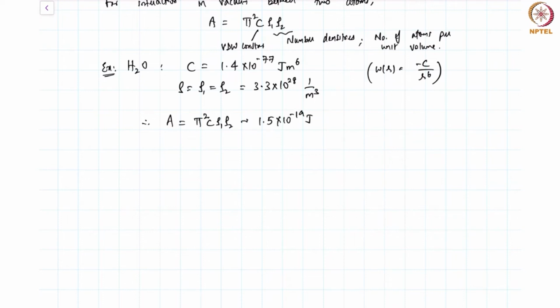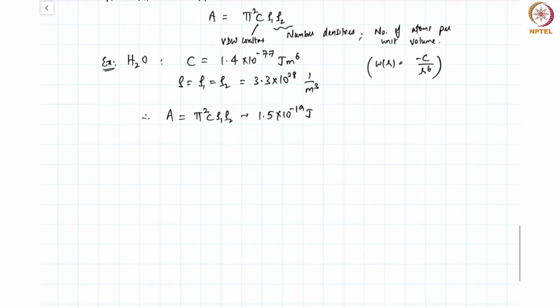So what I'm trying to drive home is that once you know the nature of the materials, meaning the types of atoms that are interacting, you can calculate this Hamaker constant in terms of the properties of the material, like the number density and the interaction strength, which is given by this van der Waals constant C. We have to remember this unit of C. This is a very important parameter that is relevant for the future discussion on this topic of rupture of thin films.